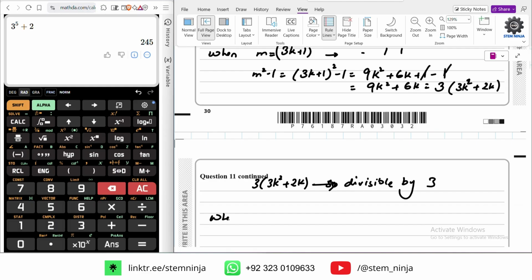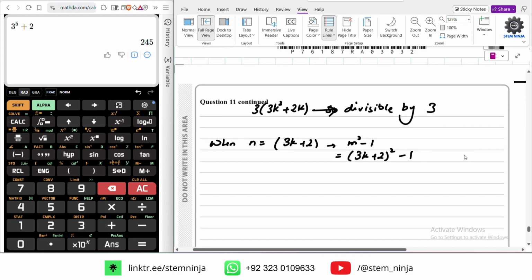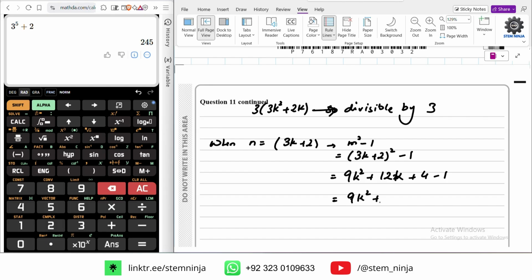Now, when m is equal to 3k plus 2, m squared minus 1 would be (3k plus 2) whole squared minus 1. Let's expand: 9k squared plus 12k plus 4 minus 1. So you get 9k squared plus 12k plus 3.